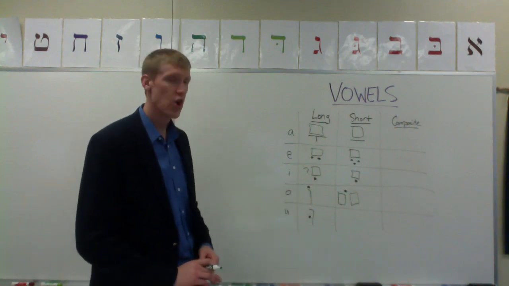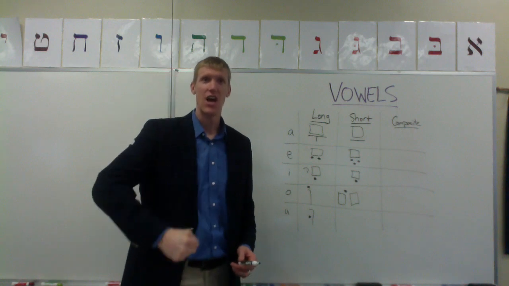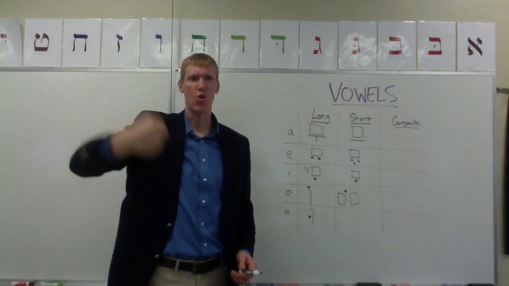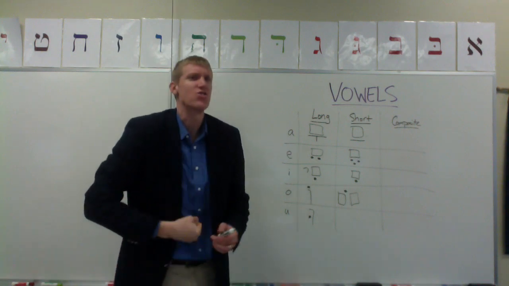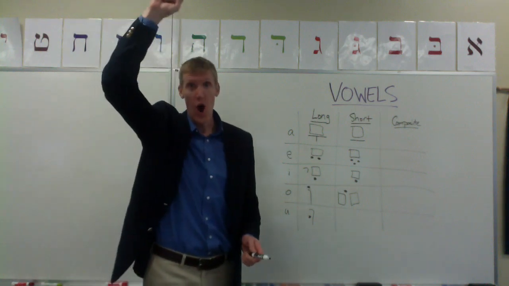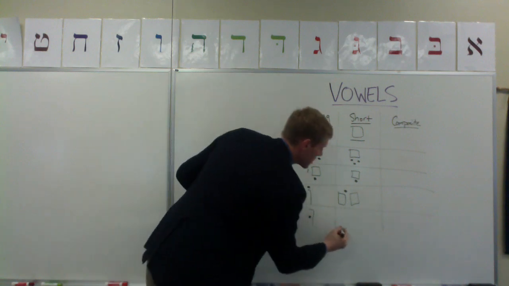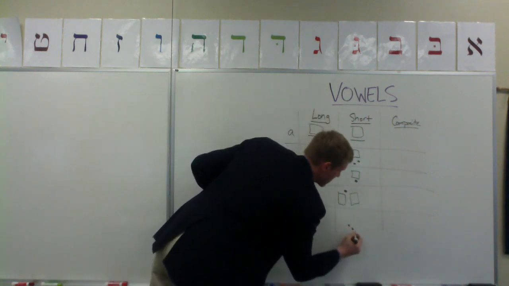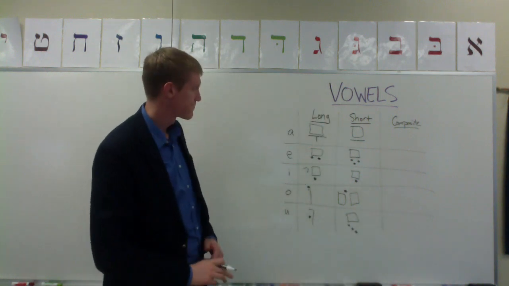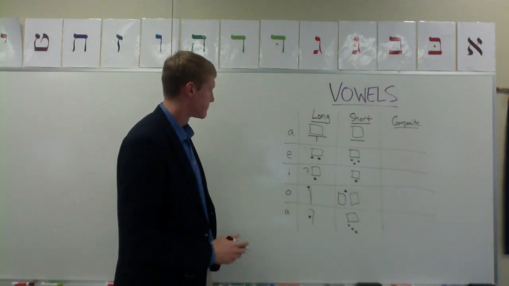We differentiate between the holim and the shurek by making a dagesh with the fist, and you say, oh, if the holim is on top of the head, and ooh, if the dagesh is in the tummy. So, oh, holim vav and ooh, shurek vav. And finally, the last short vowel is a kibbutz. Kibbutz. 3 dots in descending order.